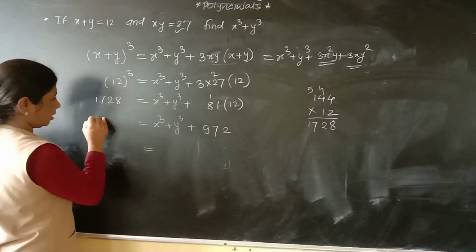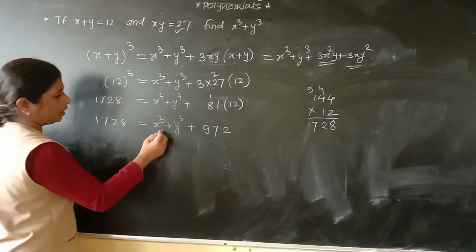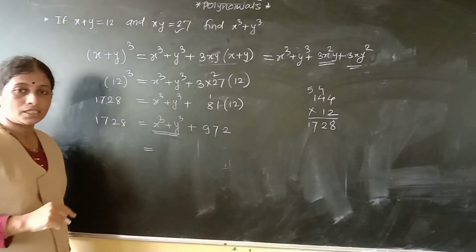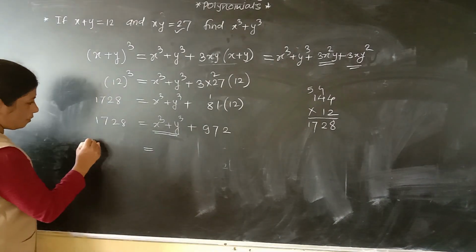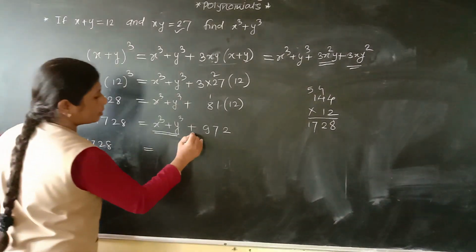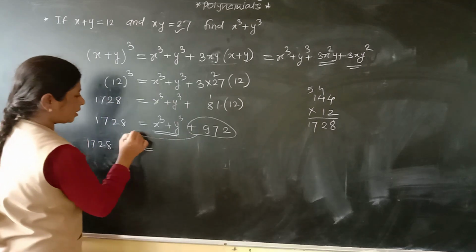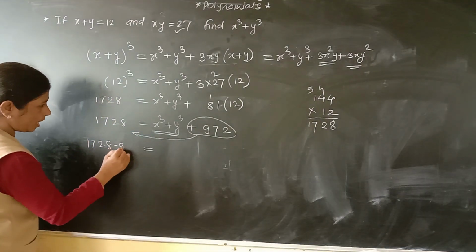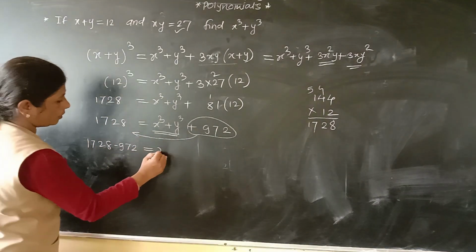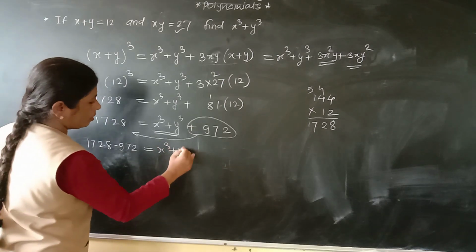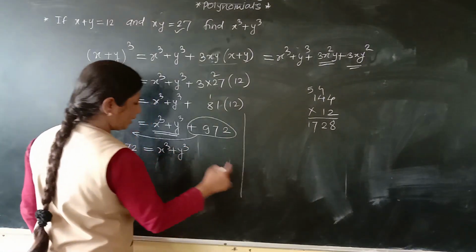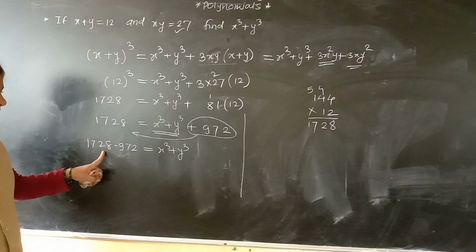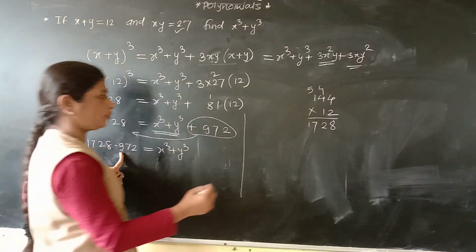Okay, now here 1728. Now we need to find out x cube plus y cube. So now this plus number will come over for subtraction, so minus 972. Okay, so you will get x cube plus y cube. Right, now here we have to do 1728 minus 972.